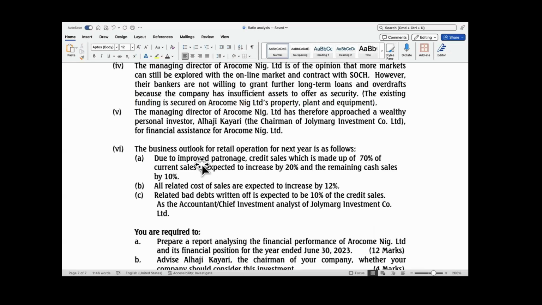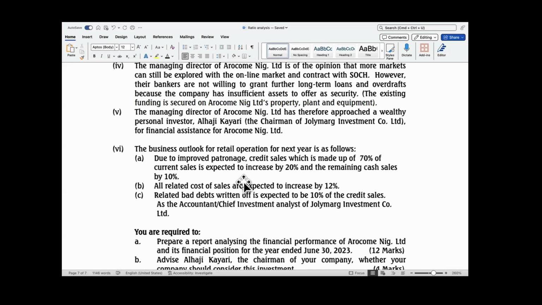It says, due to improved patronage, credit sales, which is made up of 70% of current sales, is expected to increase by 20% and the remaining cash sales by 10%. Cost of sales expected to increase by 12%. Bad debt expected to be 10% of. Okay, good. So we can use this one to do a simple forecast.